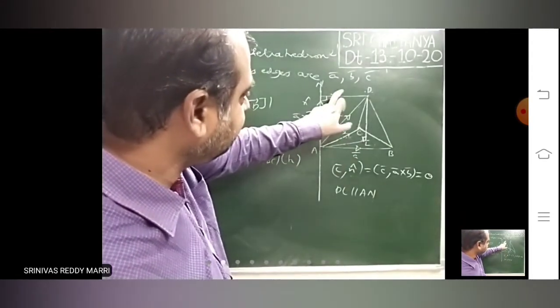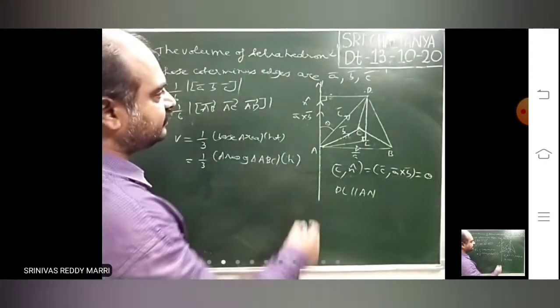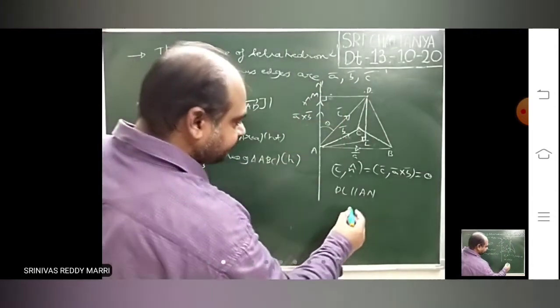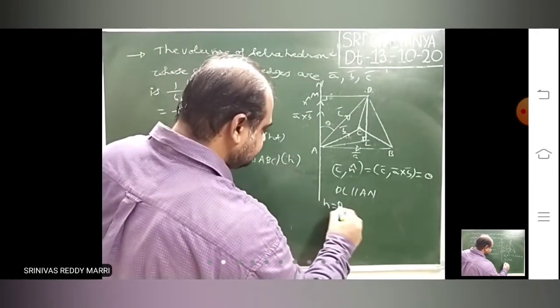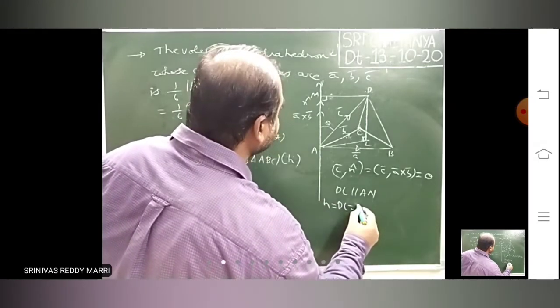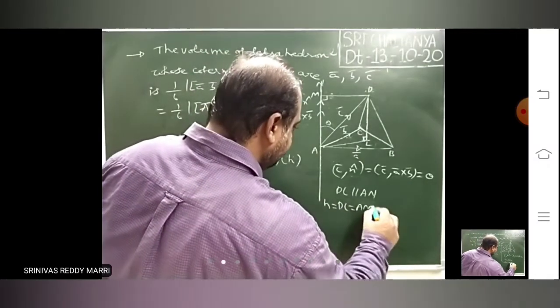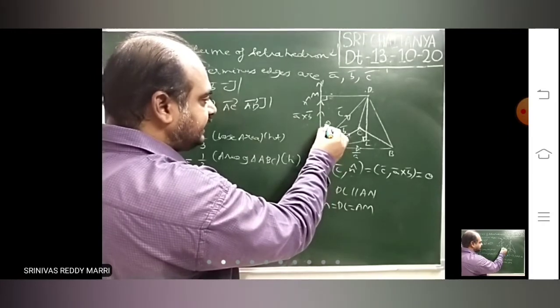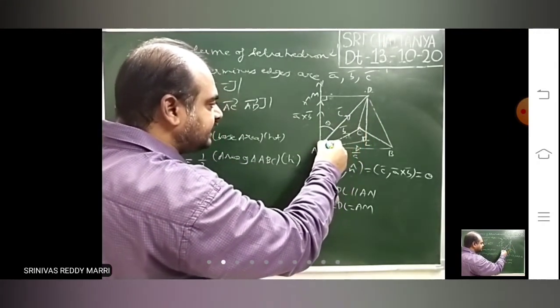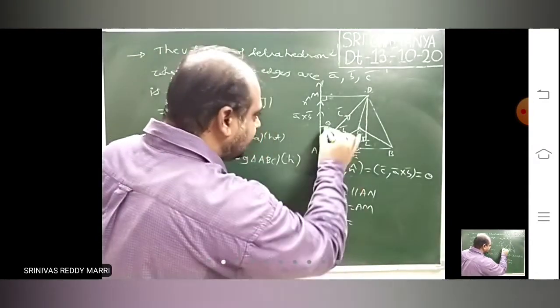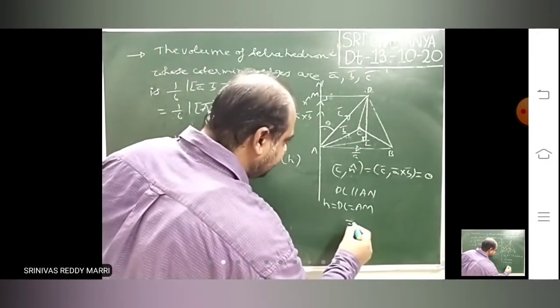AL equals DN. Therefore DL will be equal to, let us say this is AM. So height is nothing but DL, that is nothing but AM. This is angle theta, and this is the adjacent side, and AD is modulus C bar.